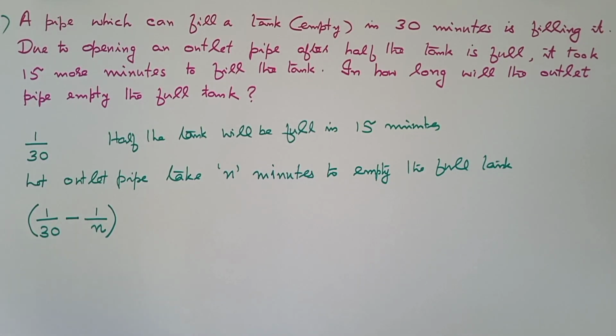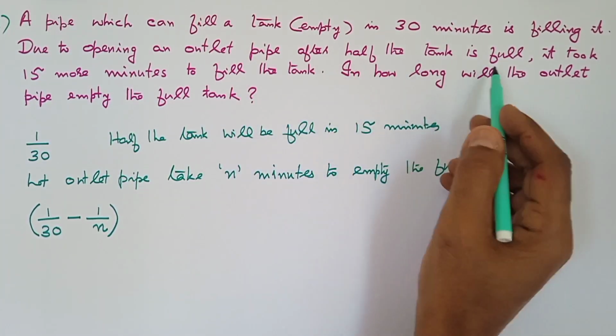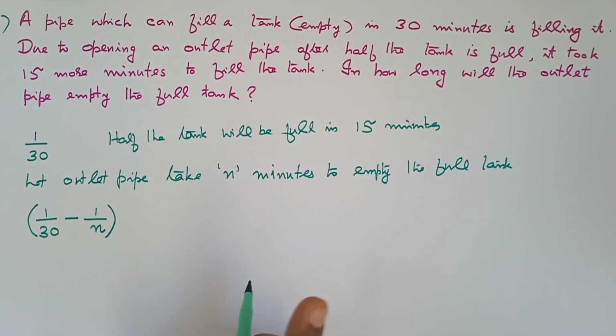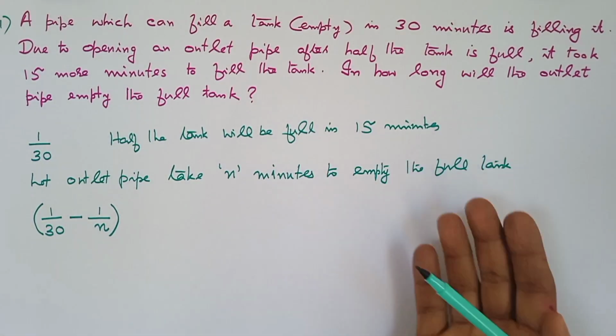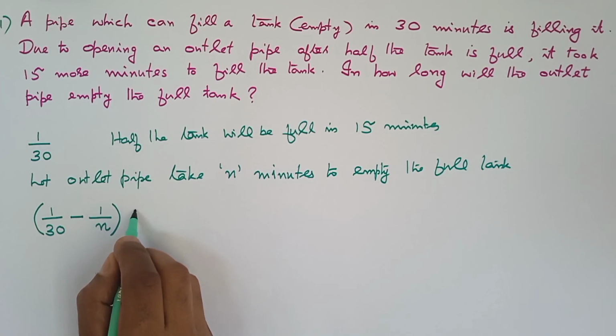We are looking at how long these two pipes will take to fill the remaining half of the tank. What does the problem say? Due to opening an outlet pipe after half the tank, it took 15 more minutes. For filling the first half it takes 15 minutes, so for filling the remaining second half it will take 15 more minutes, which means totally 30 minutes.